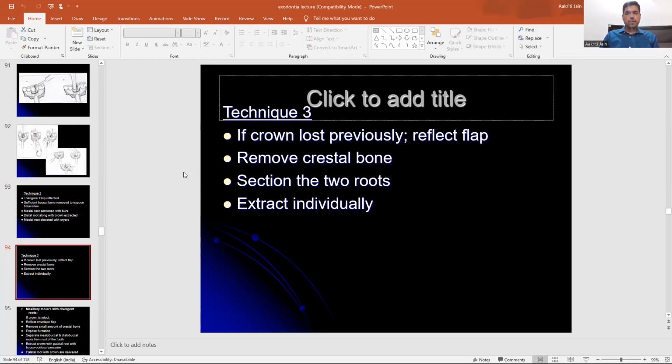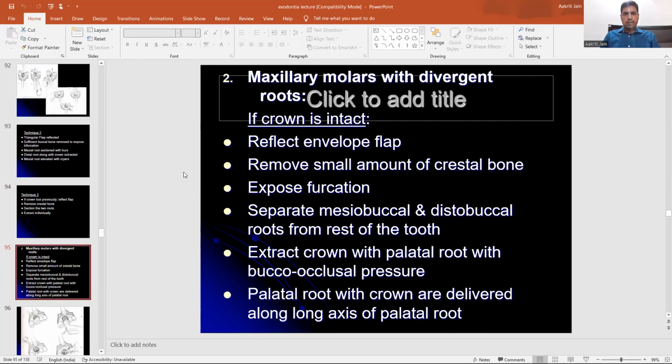and extract them individually. Now, in the case of maxillary molars with divergent roots, if the crown is intact, reflect the envelope flap first, remove a small amount of crestal bone, expose the furcation of the tooth, and separate the mesiobuccal and distobuccal roots from the rest of the tooth.